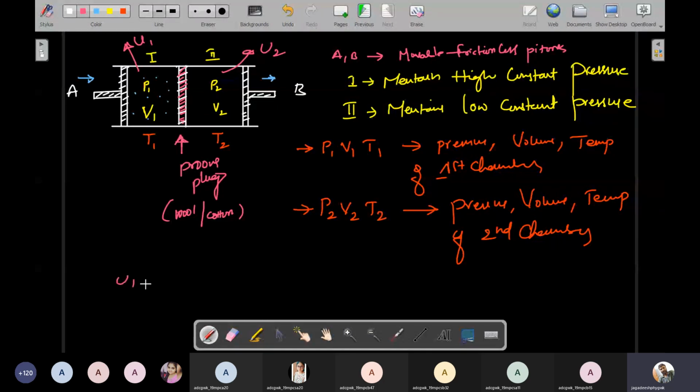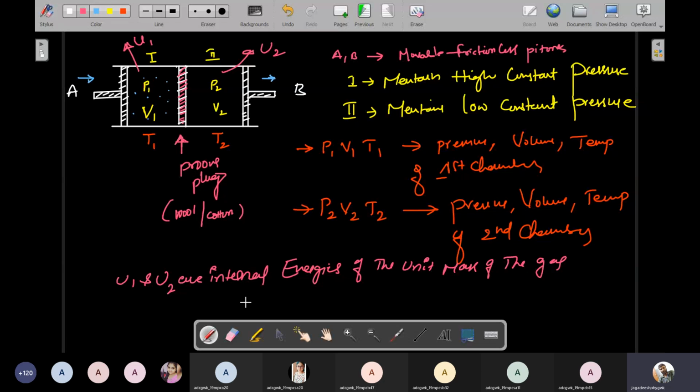So here U1 and U2 are internal energies of the unit mass of gas before and after passing through the porous plug.